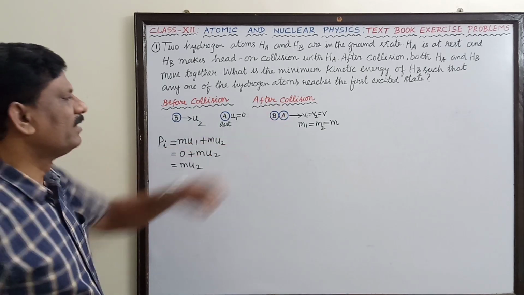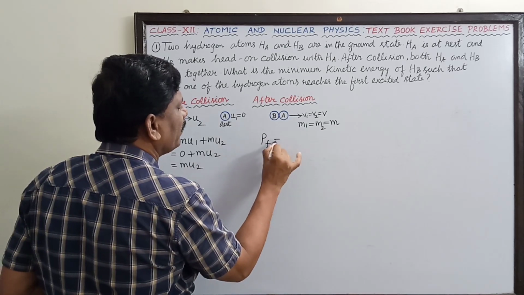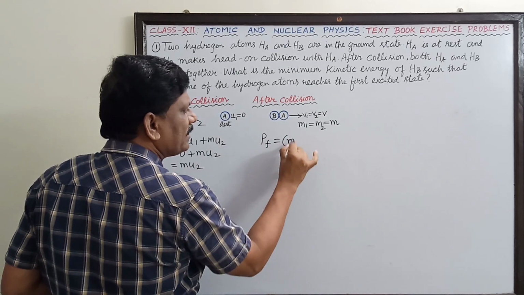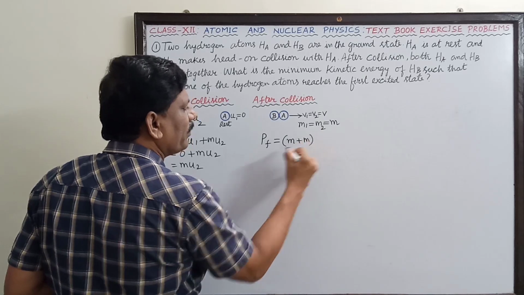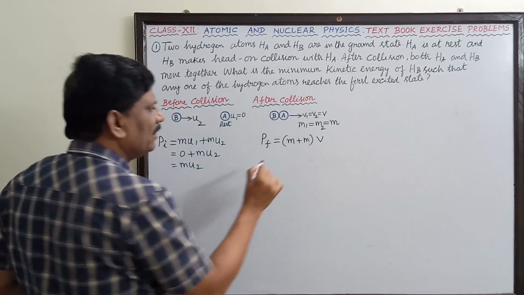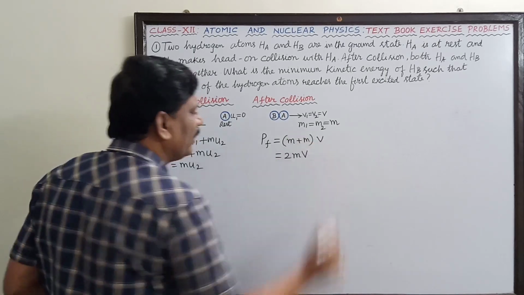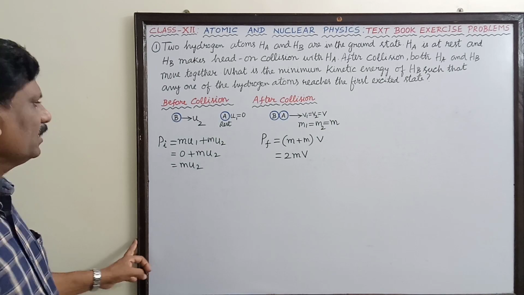And now after collision, the final momentum is the combined mass, M plus M, into the common velocity V, so this is equal to 2M into V.